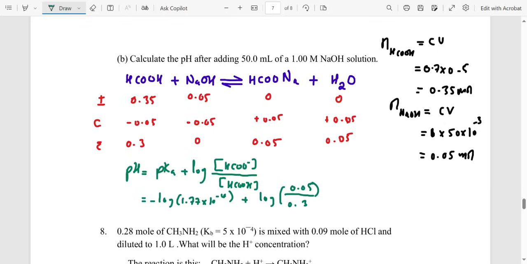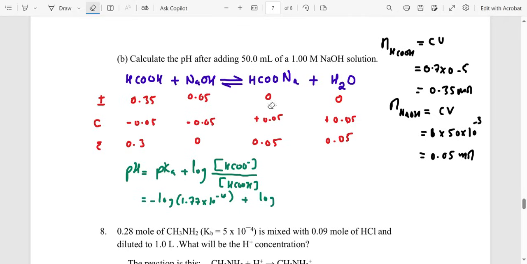So let's see what this gives us. Okay, there's something that I've not done. Remember, this is the amount of the acid: here we found 0.3 moles of the acid, over the moles of the base we have 0.05.